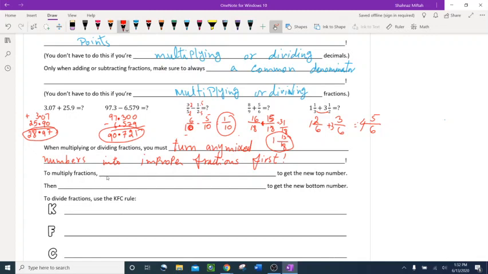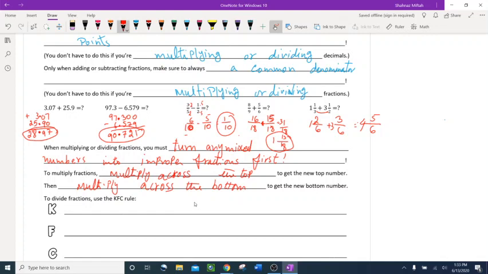To multiply fractions, multiply straight across the top to get the new top number. Then multiply across the bottom to get the new bottom number.